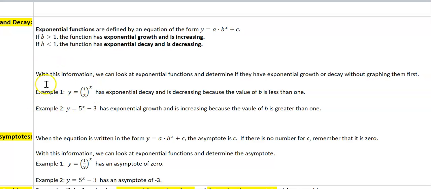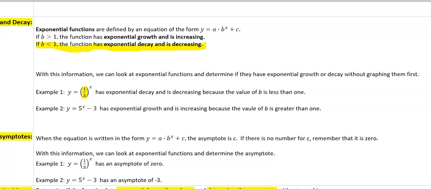So my first example here, y is equal to 1/3 raised to x. It has to be exponential decay and decreasing because b is less than 1. b is 1/3. So because of that, it is exponential decay.